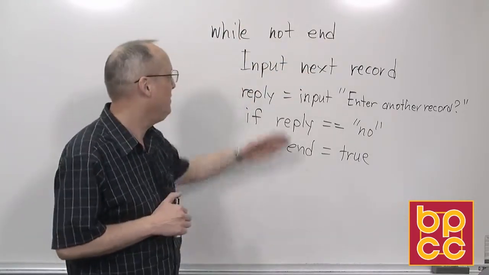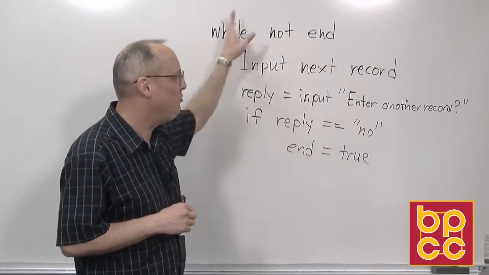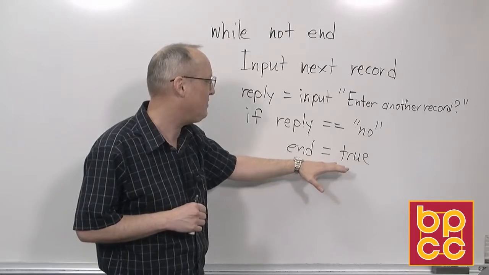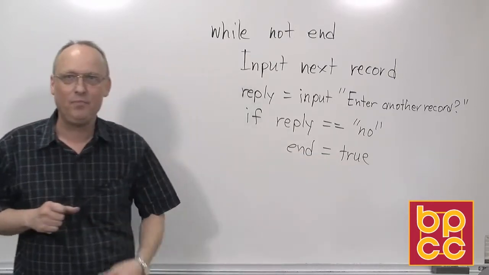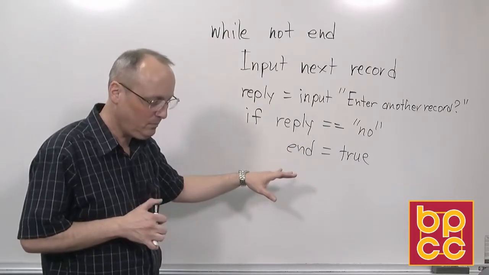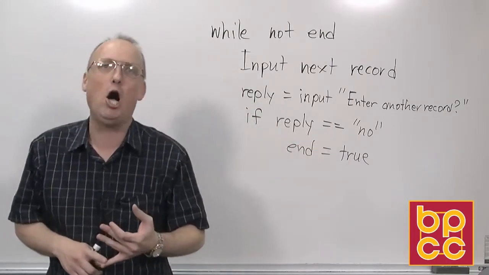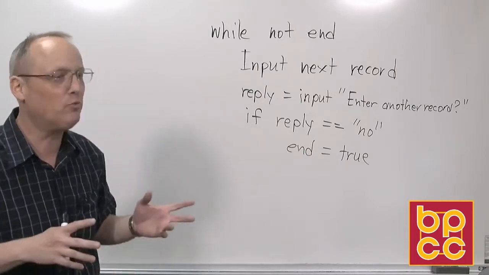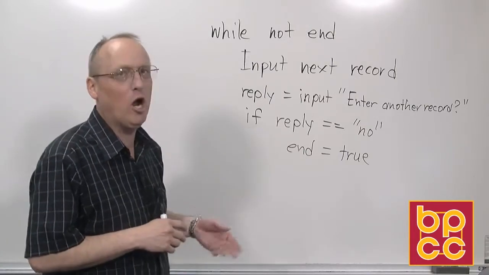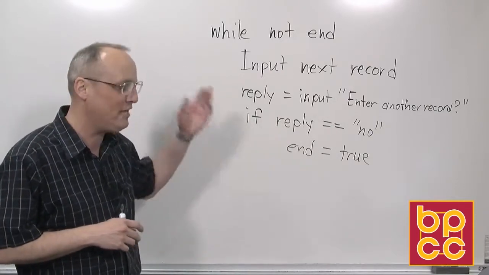But if not, it will sit here and run until you have the user enter that they do want to end, and then it will actually exit out of that while loop. So the while loop might possibly not run at all, meaning it runs 0 times, or it could run indefinitely depending upon how much data the user chooses to enter.